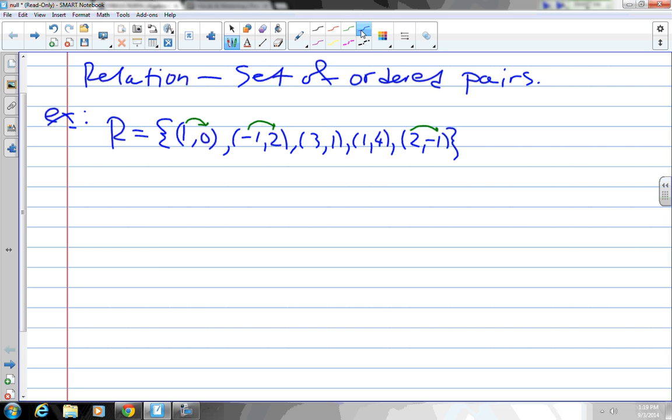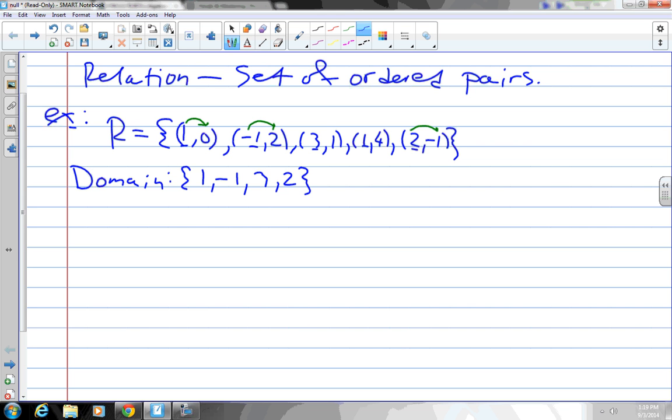Now, the set of all x values, the set of all inputs, the first places in each ordered pair, is called the domain. So the domain, in this case, would be just the first numbers: 1, -1, 3, 2. I don't need to list 1 again. So the domain is the inputs, all the x values.